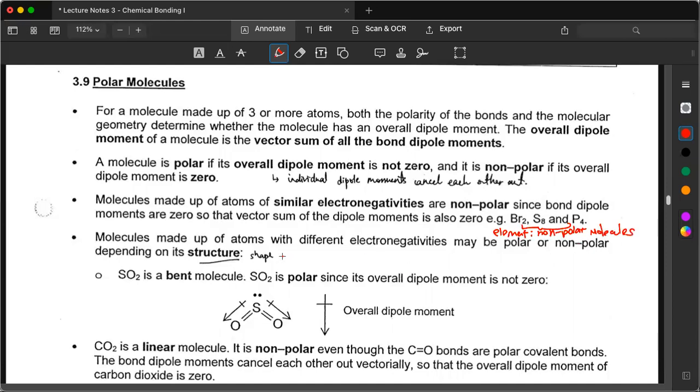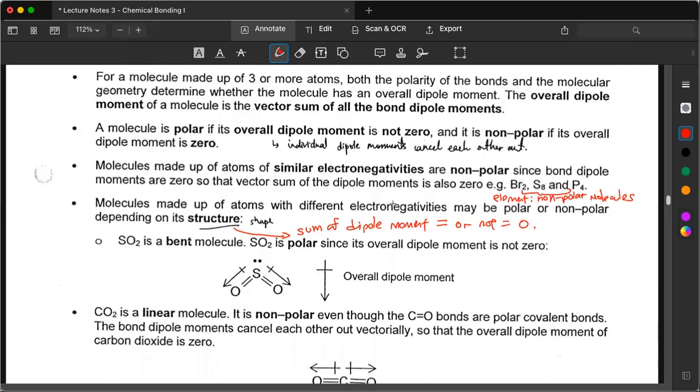Molecules made up of atoms with different electronegativity can either be polar or non-polar, depending on the structure, depending whether the dipole moments cancel each other, meaning whether the sum of dipole moments equals 0 or not. If it equals 0, non-polar. Not equal to 0, polar molecule.